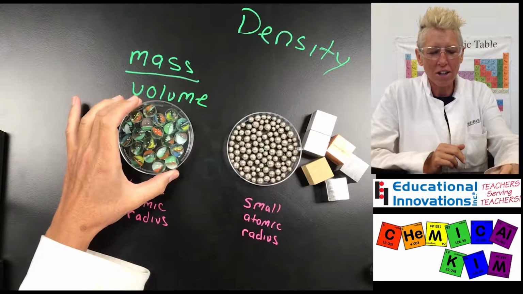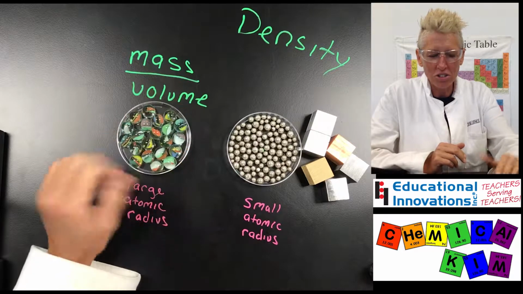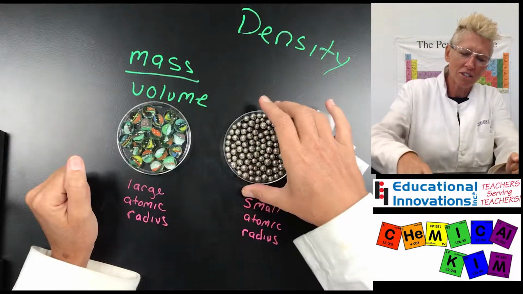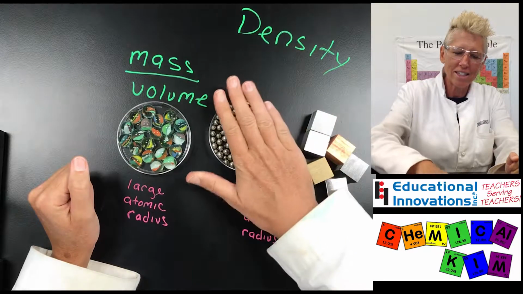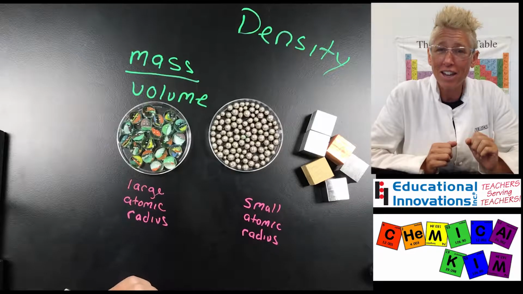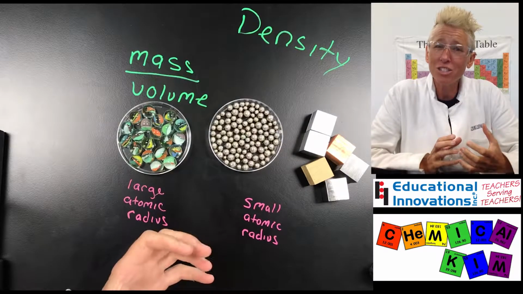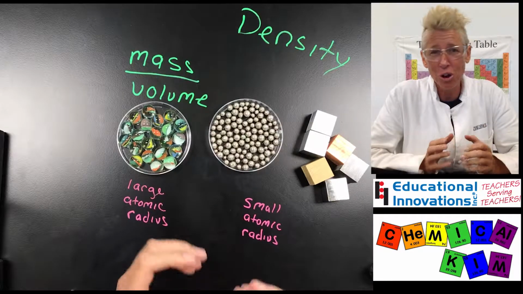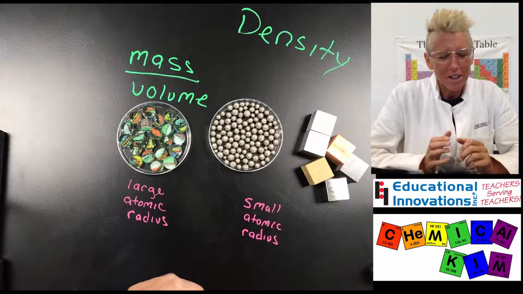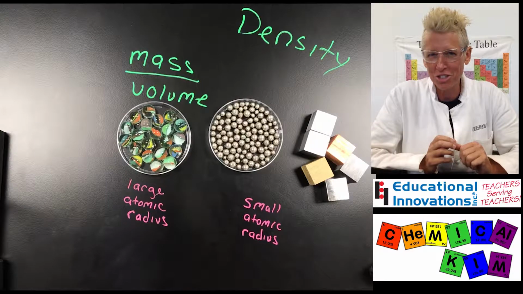So if we have lighter atoms taking the same volume as heavier atoms taking the same volume, we would say that this has a higher density compared to this. And we can actually do that calculation and that determination right in your home or your lab, if you made your lab in your home. So let's take a look at how that is achieved.